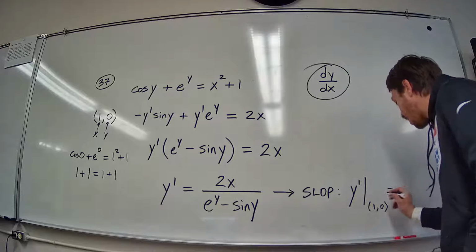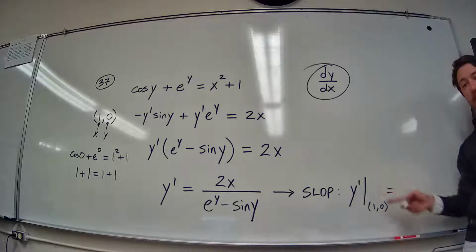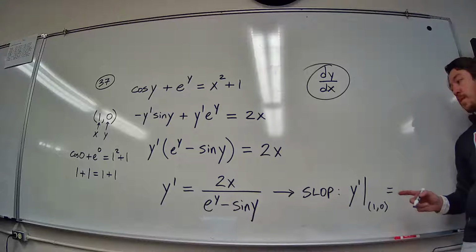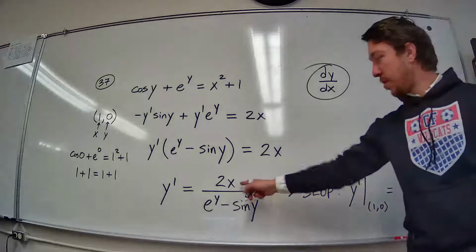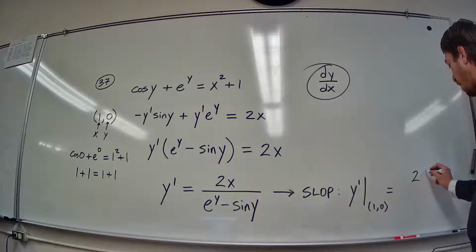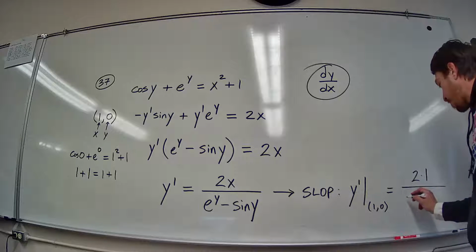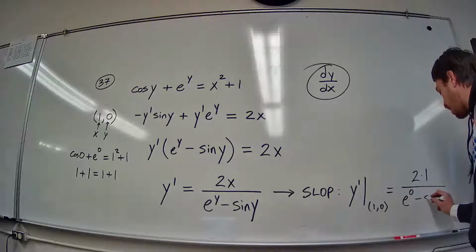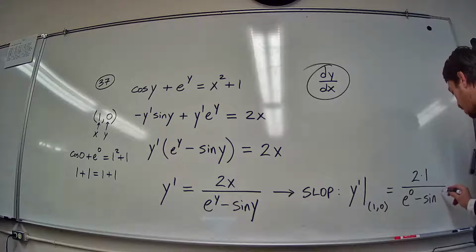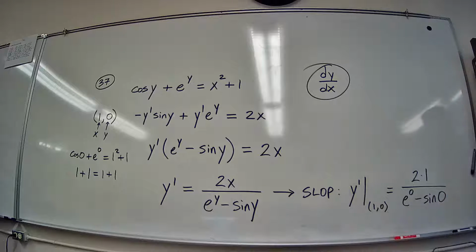Do we feel okay about that? The notation makes sense? Okay, let's plug in. So it would be 2 times 1 divided by e to the 0 minus the sine of 0.